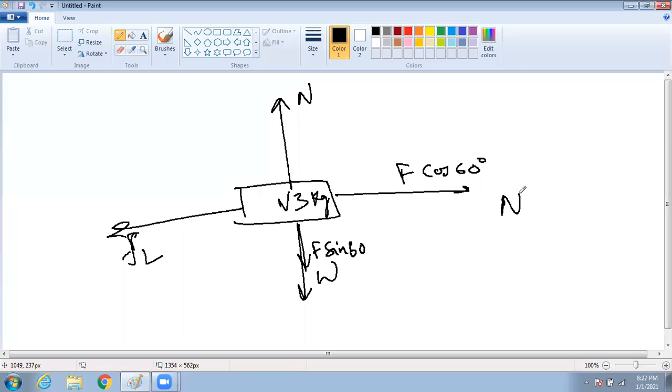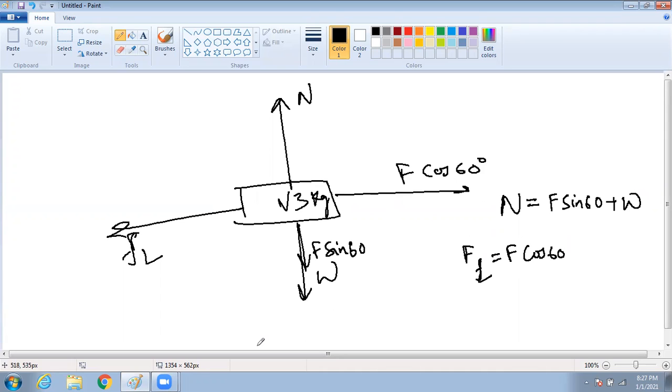So your N will be equal to F sin 60 plus W, and your FL will be equal to F cos 60. Clear?